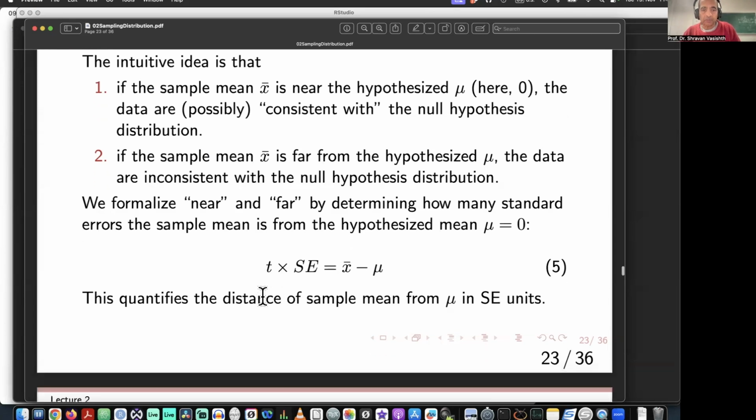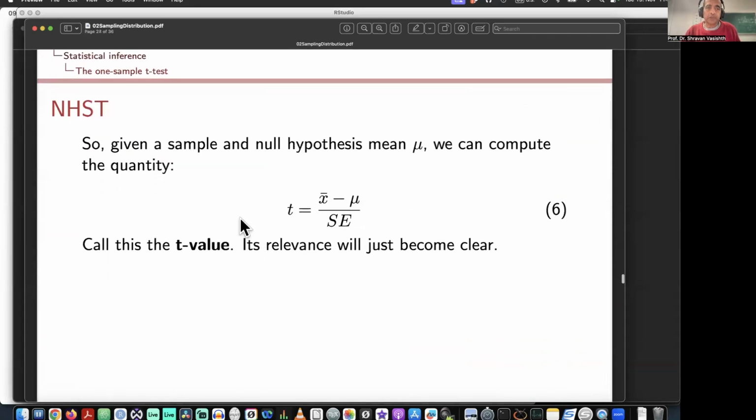And so what we're going to be doing, every time that we collect a sample and compute the sample mean and set up a null hypothesis value, is divide the distance between the sample mean and the hypothesized value by the standard error, so that we can talk about the distance in standard error units.